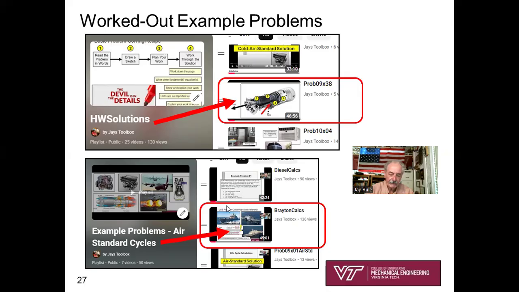And in the same way, I've got another example of a gas turbine engine that's driving a high-speed destroyer, called Brayton Calcs in my playlist called Example Problems, Air Standard Cycles. So I have a playlist that's devoted to air standard cycles. Brayton Calcs is another worked out problem if you're interested in seeing the nitty-gritty numbers associated with these problems.